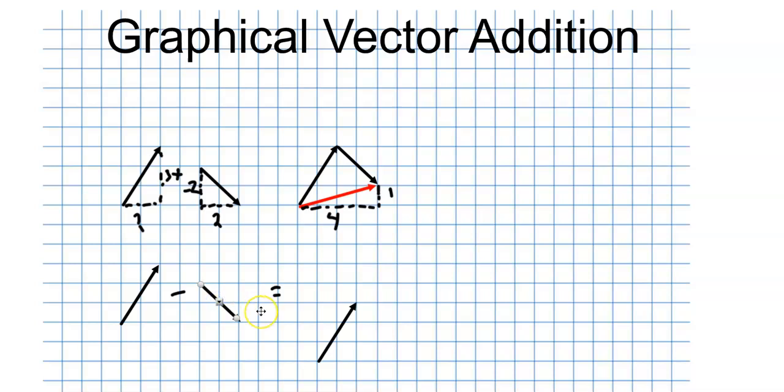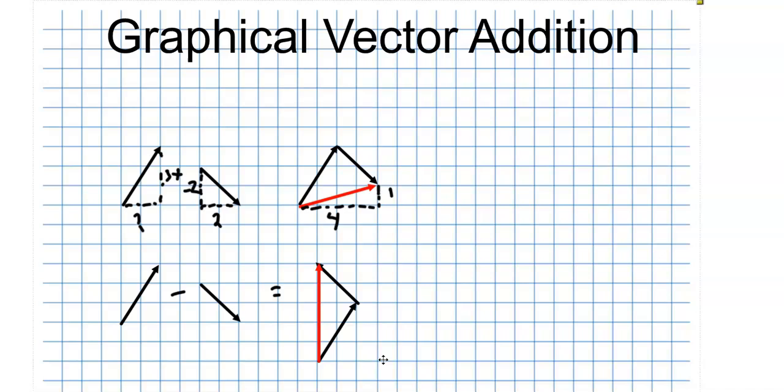But this one is going to reverse directions by 180 degrees. So in other words, right now it's to the right 2 and down 2. And what we're going to have to do is make it go the opposite of that, which would be up 2 and to the left 2. So that's how I would represent that. And then our resultant vector is going to go from the starting place to the ending place, and it will look like that.